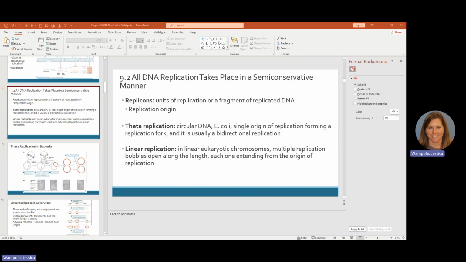So if I go back to this image really quickly, I don't know why I drew it so tiny, but up on the top, A, starting at the origin, moving towards the left-hand replication fork, A would be our leading strand for the top piece of DNA.